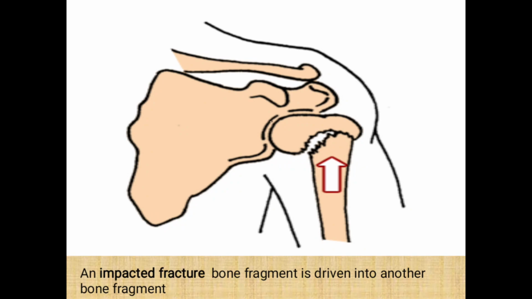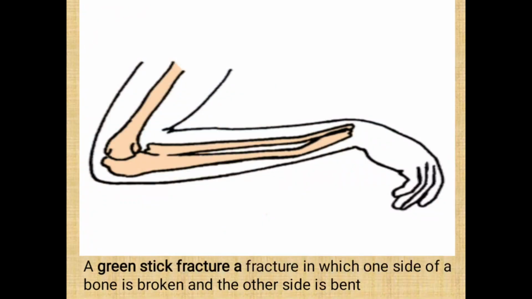So we have a picture of an impacted fracture. In an impacted fracture, a bone fragment is driven into another bone fragment. You can see that's a green stick fracture.